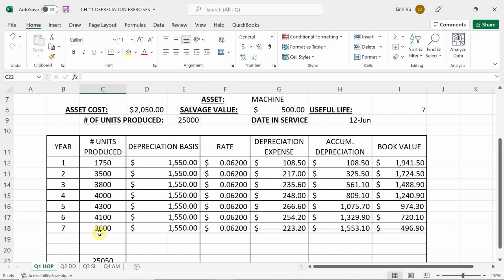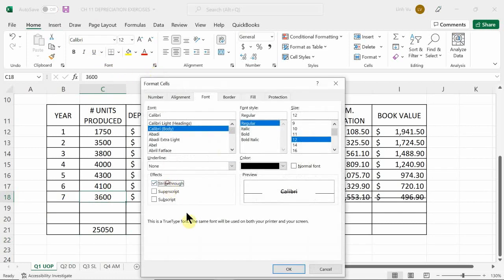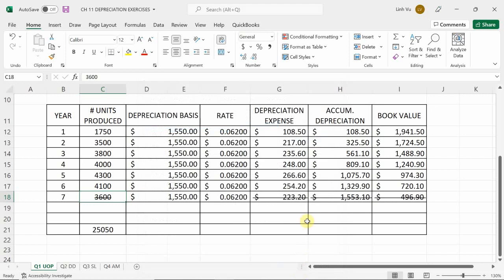So now 25,050. We need to take the 50 and do what? I'm not very sure. You made 50 too many. Oh yeah, too many. So how do we take it? Well, where are you going to take it out from?